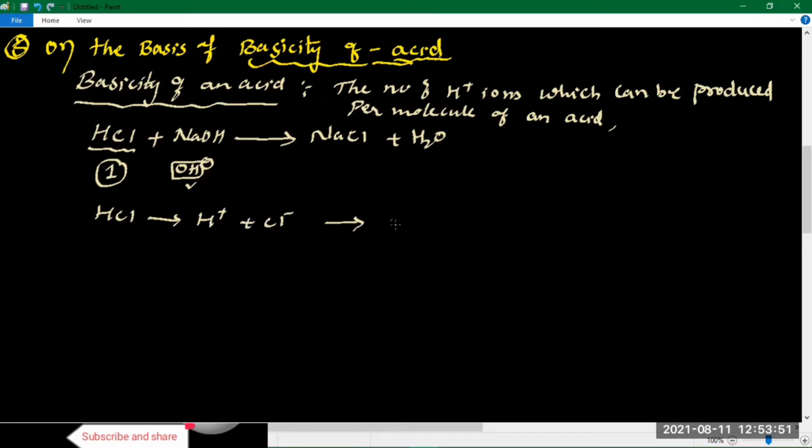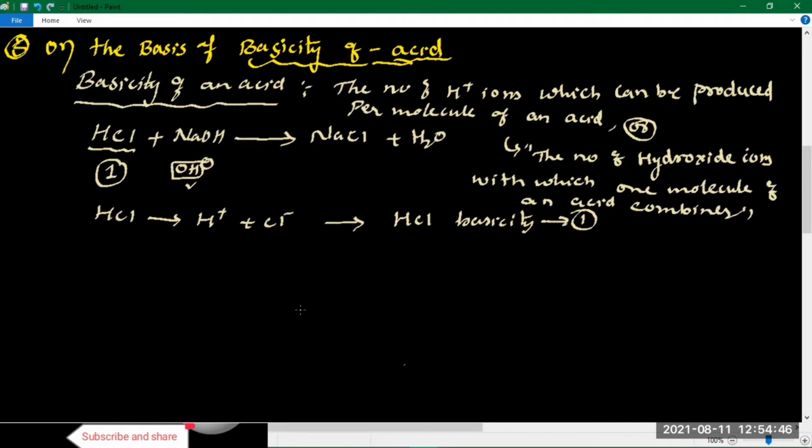Hence the basicity is 1. One more definition is the number of hydroxide ions with which one molecule of an acid can combine. That is also called the basicity of an acid. Here one molecule of an acid can react with only one hydroxide ion, so HCl basicity becomes 1.